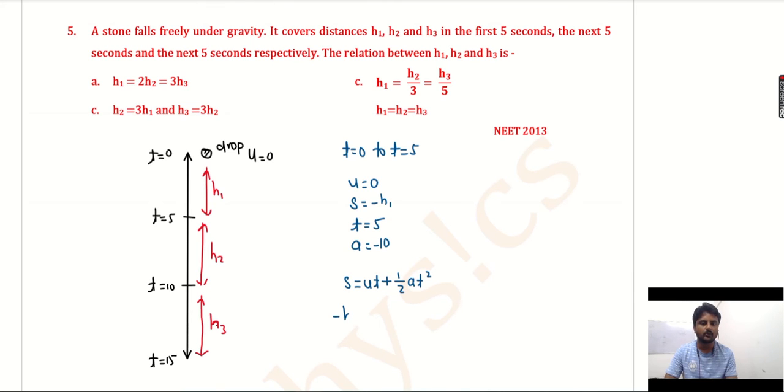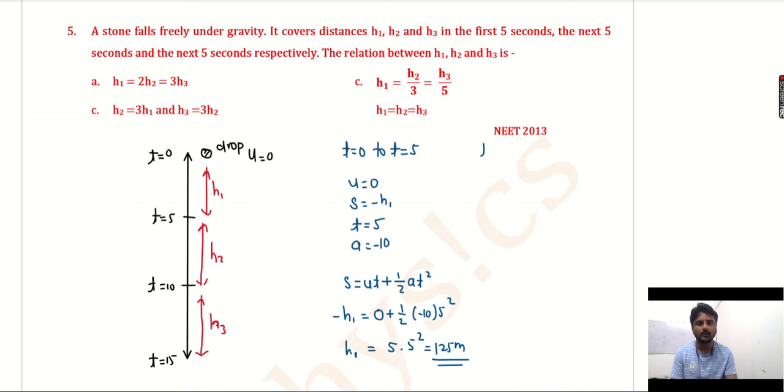So minus h1 is equal to 0 plus 1 by 2 into minus 10 into 5 square. So h1 is equal to 5 into 5 square, means 5 cube, that is equal to 125 meter. h1 is equal to 125 meter.